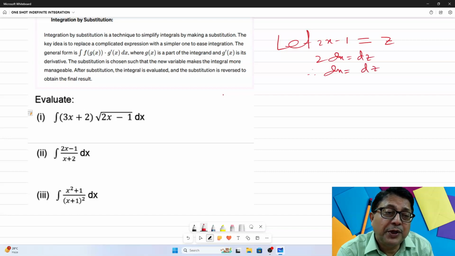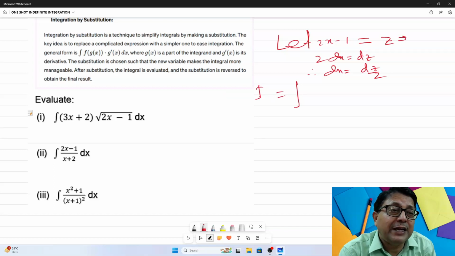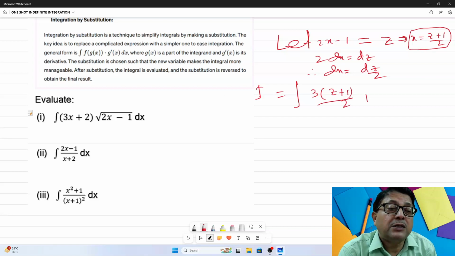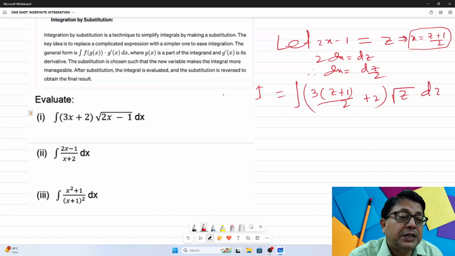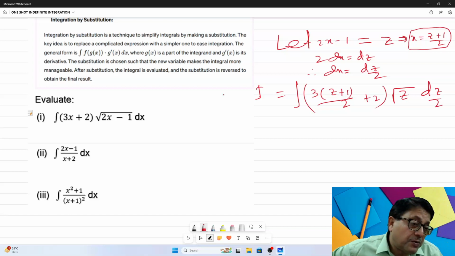So dx is going to be dz by 2. So I will be the integration of, get x from here, x is z plus 1 by 2. 3x will be this plus 2 multiplied by root z into dz divided by 2. Okay. The x is changed in terms of z.